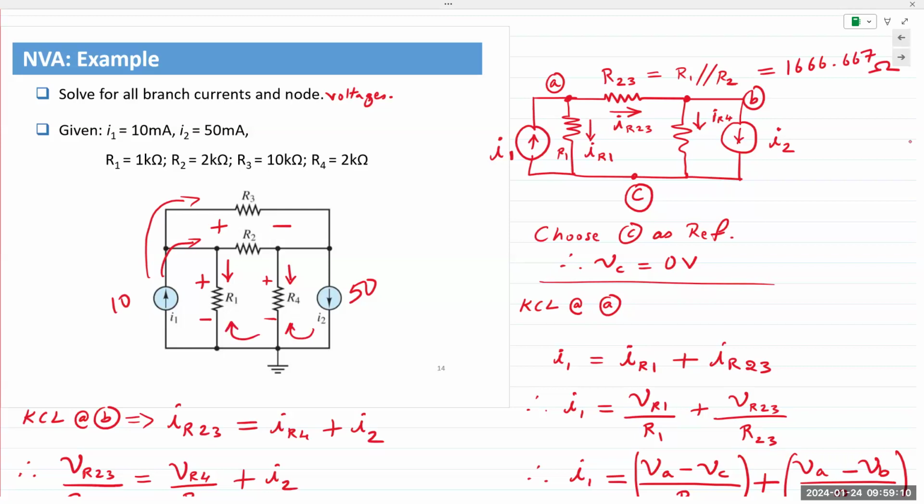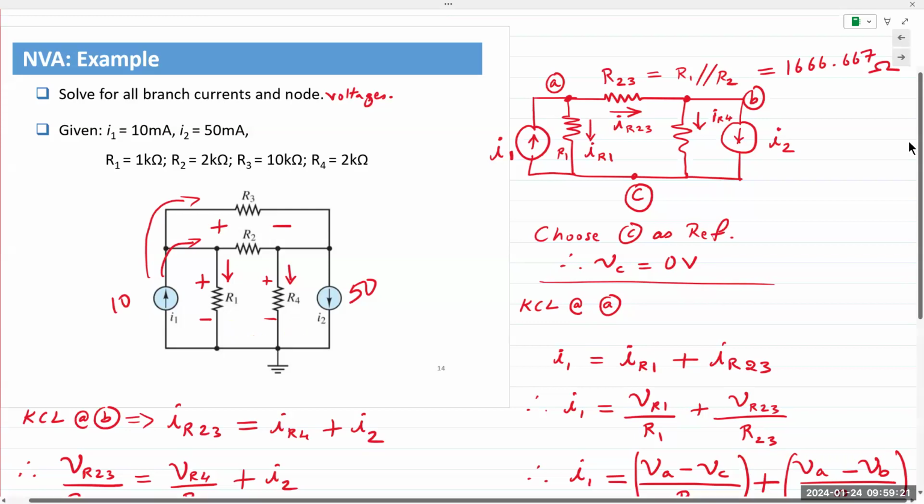And so node C would have a higher potential than nodes A and B. Does that make sense to everyone? Right? So again, it doesn't matter what our assumptions are at the beginning of the problem. If you stick with your assumptions and you do the analysis correctly, you will end up with the right answer. So again, I'll check with my notes, but I believe these are the right answers.